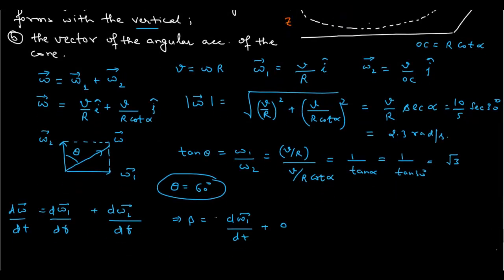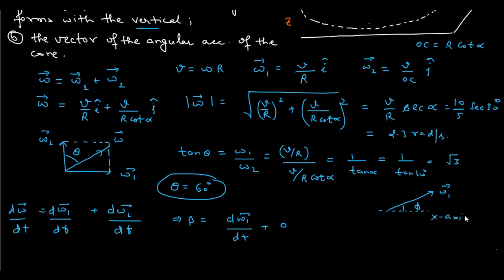Clear? So the only thing we are left with is the variation in omega 1, and here the magnitude of omega 1 is constant, but the change in it is because of the change in direction. Clear? So at any instant of time, this is the direction of omega 1, and let it make an angle phi with the x-axis.